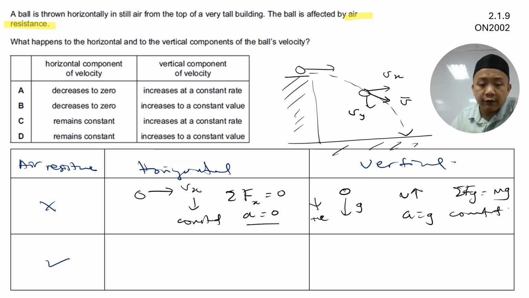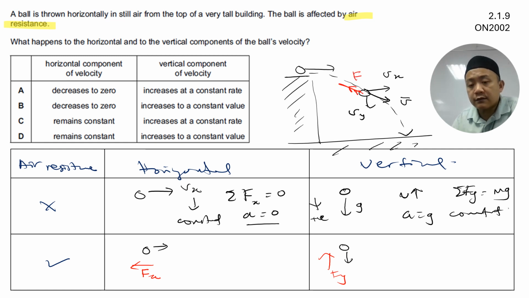So when the ball is moving forward, you will have an opposing force Fx in the opposite direction. And when the ball is moving downwards, the opposing resistance would be moving upwards, Fy. In this diagram, the resisting force is moving upwards in the vertical component, and moving to the left, opposing the rightward motion. So here you have Fy and Fx.